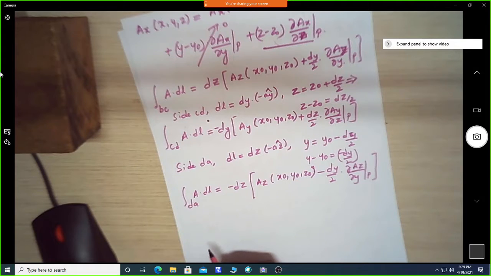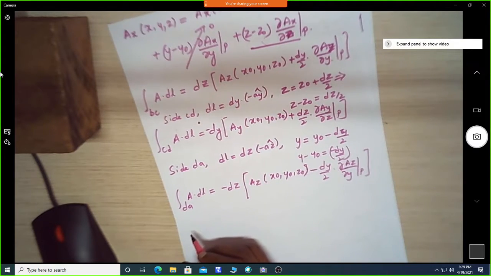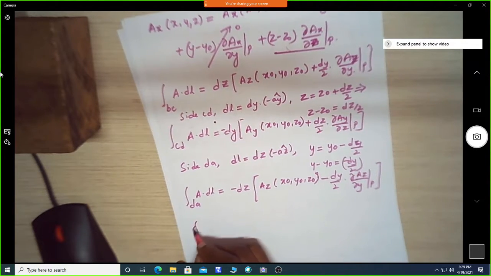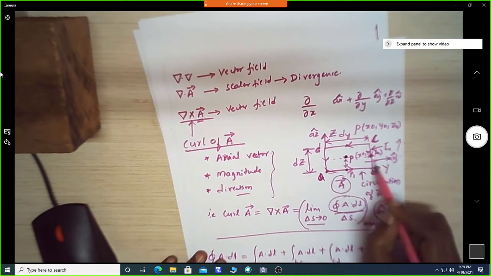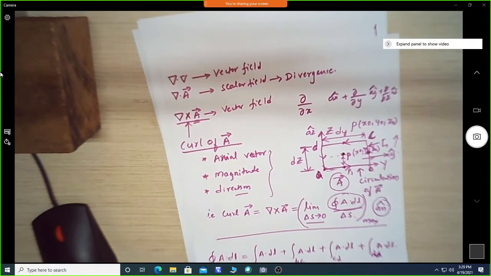That total line integral we can write as the closed line integral, because when we add all these line integrals it becomes a closed integral.